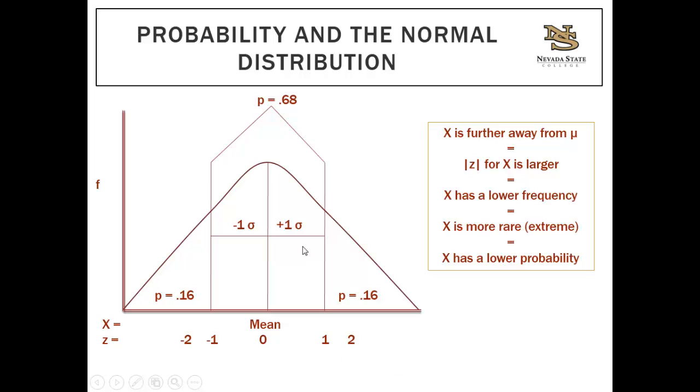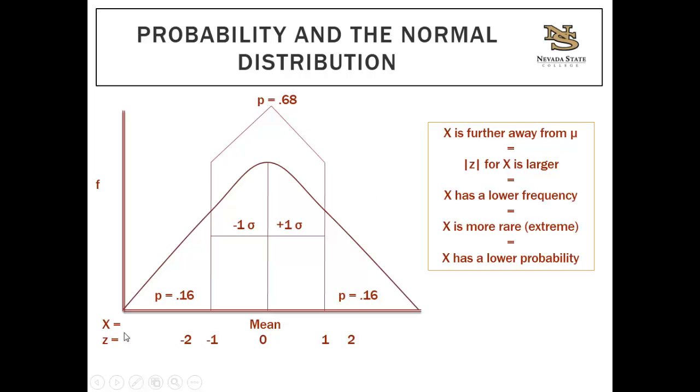So if you look here, 68% of scores are within one standard deviation of the mean. So, when you're looking at raw data, you can figure that out if it's in a normal distribution. You could say, okay, the mean plus the standard deviation would be the score here. The mean minus the standard deviation would be the score on the low end.